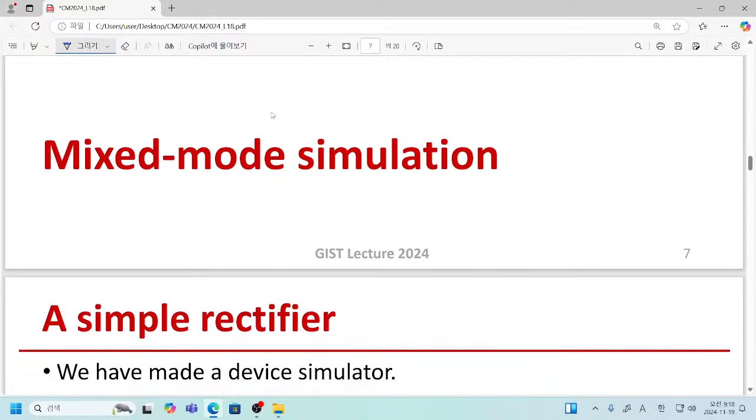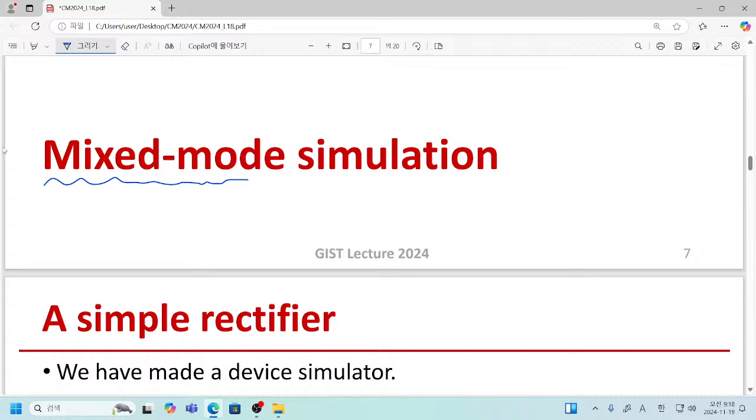So for example, in this lecture, I want to talk about mixed mode simulation. Here we have a new term called mixed mode simulation. What is mixed mode in this context?